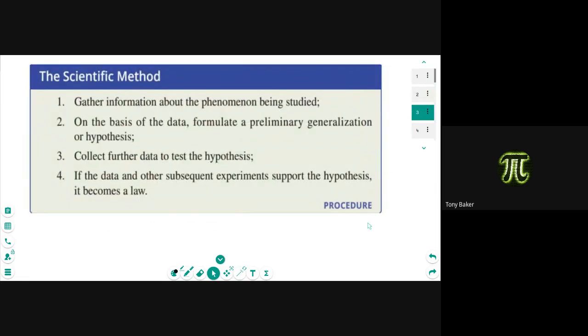I'm sure at some point in your education, you've learned the scientific method, either in your high school science classes or if you're taking a science class here. Statistics is done very similar. We're going to do the same kind of concept. We're going to gather information. We're going to come up with some kind of hypothesis that we're going to look at. We're going to test the hypothesis.